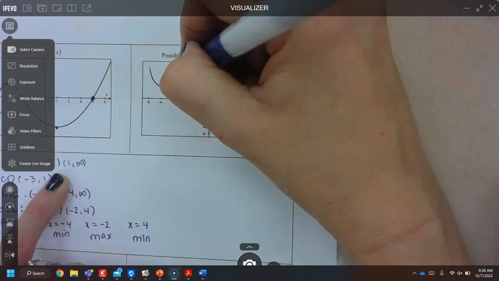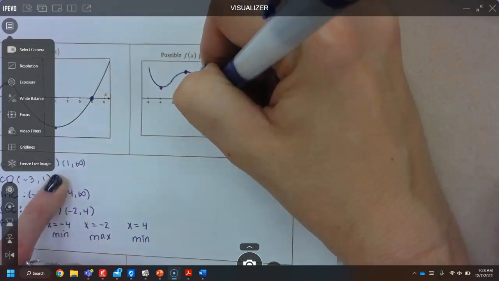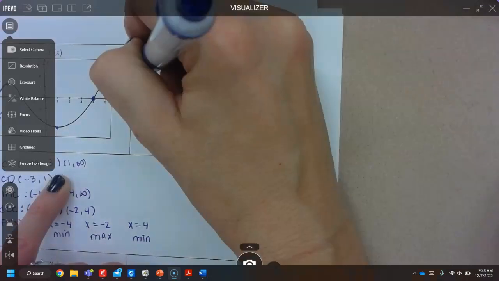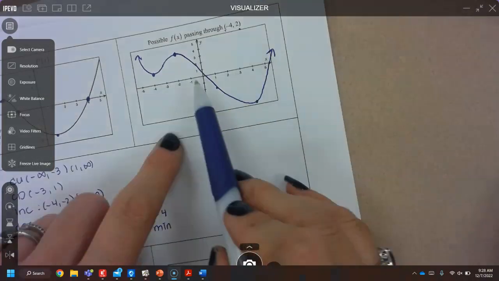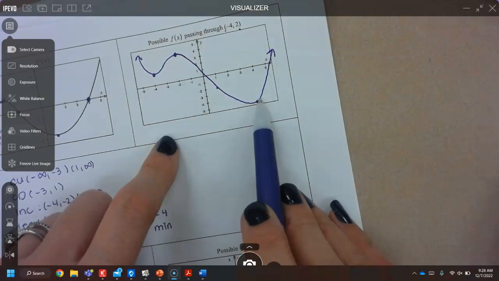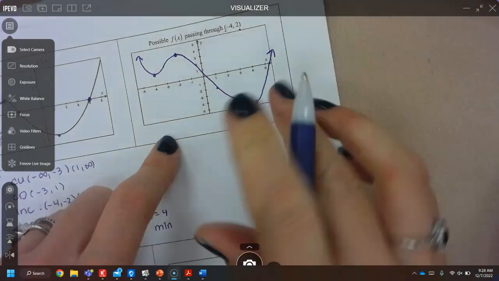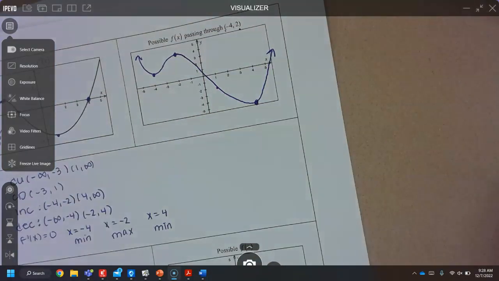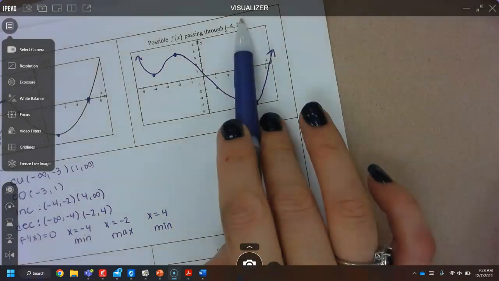So for me, I'm going and doing something like this. So I have my concave down to concave up. At 4, I have my min and then my increase. Now again, you could be higher up, you could be lower down. It really doesn't matter. Or you could go in and figure out the steepness, but it's not asking for that. But it did give you that passing through point, so you do want to make sure you plot that.